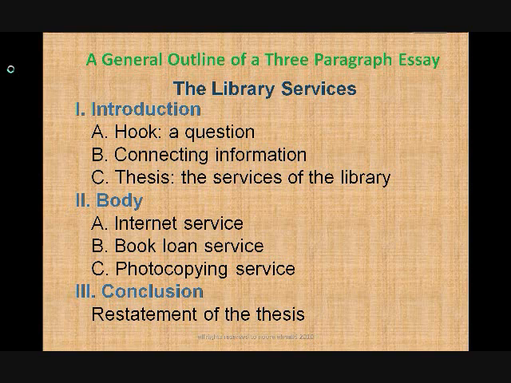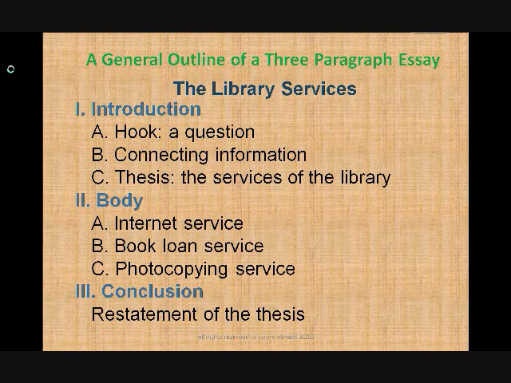The body, this is number 2. I have 3 divisions, A, B, and C: internet service, book loan service, photocopying service. So I'll discuss in my body 3 ideas, and again notice that these ideas are not written as complete sentences, just phrases, unfinished expressions that will direct you to the ideas, just hint at them without developing them.